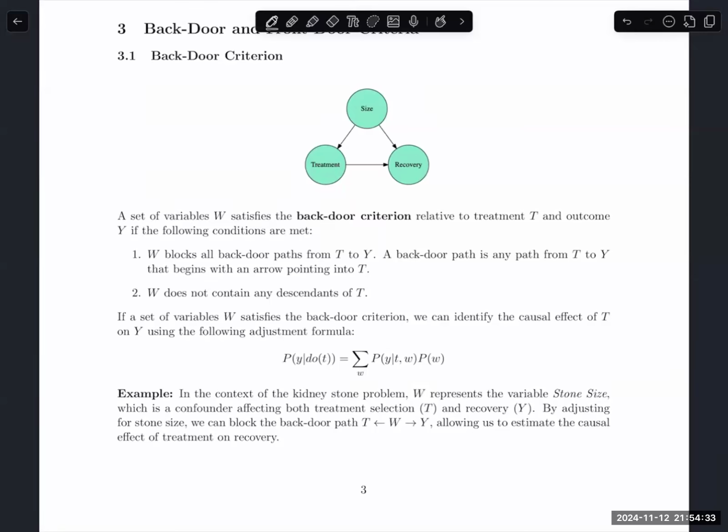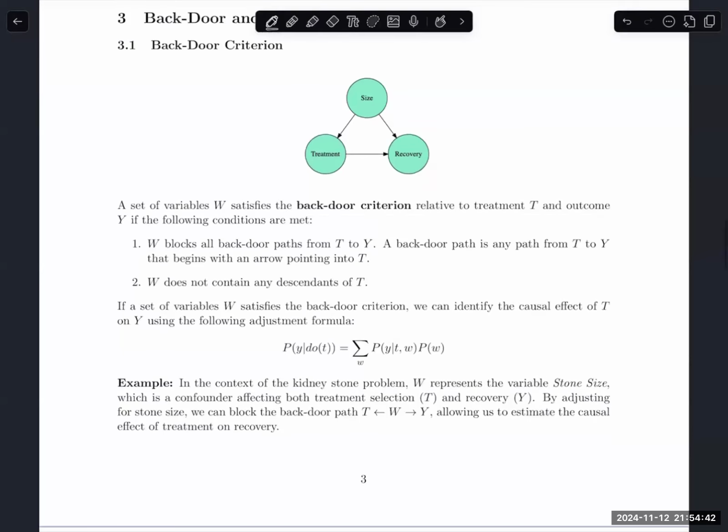A set of variables W satisfies the backdoor criteria relative to the treatment and the outcome if the following conditions are met. The first one is that W blocks all the backdoor paths from T to Y.